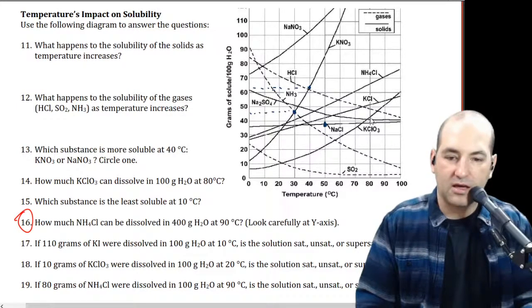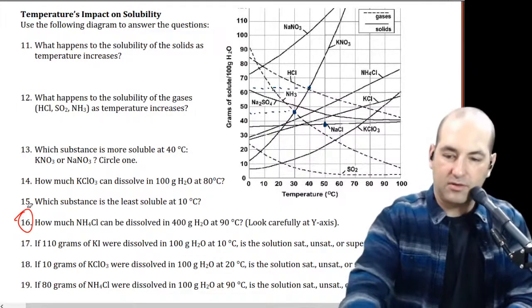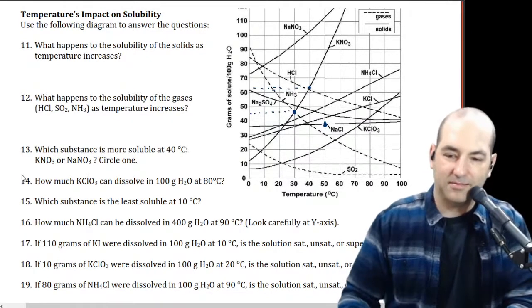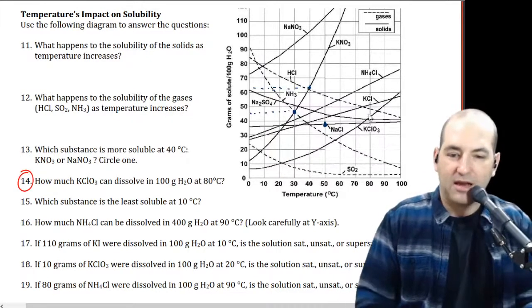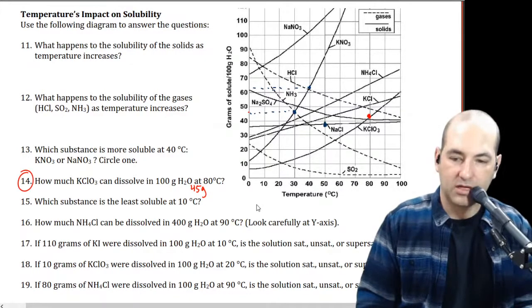Oh, whoops, I circled the wrong one. We'll do that one too, but looking at 80 degrees C, potassium chlorate is right here, which looks like about 45. So that's how much potassium chlorate can dissolve in there.